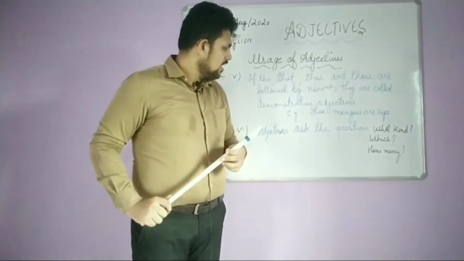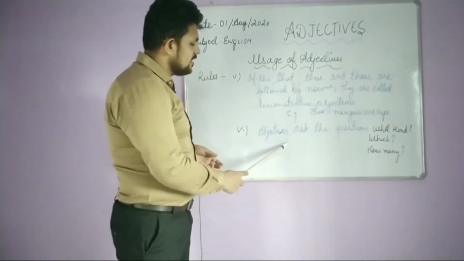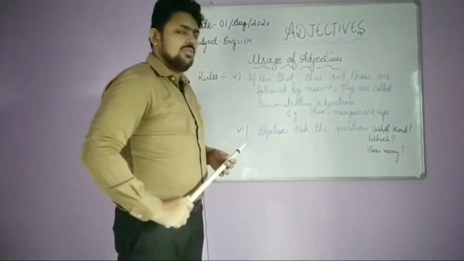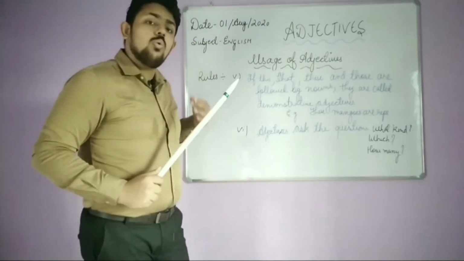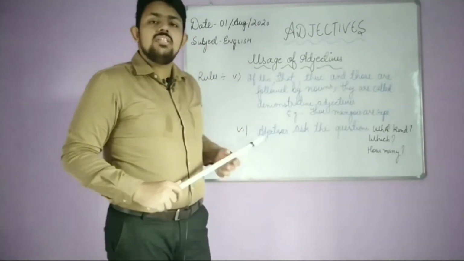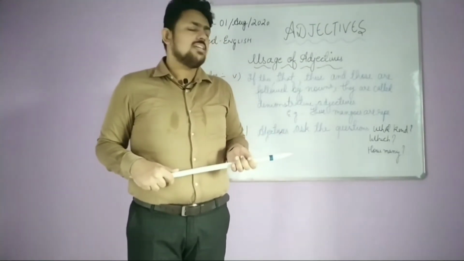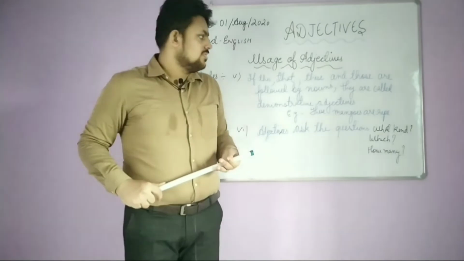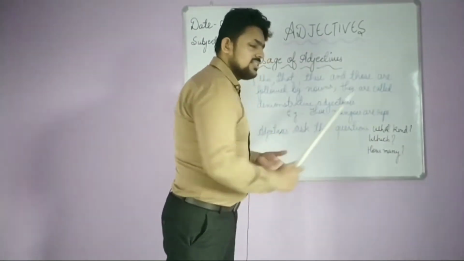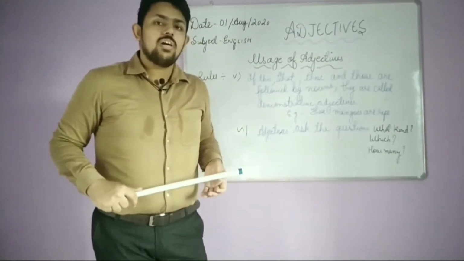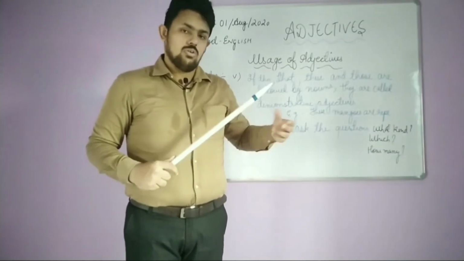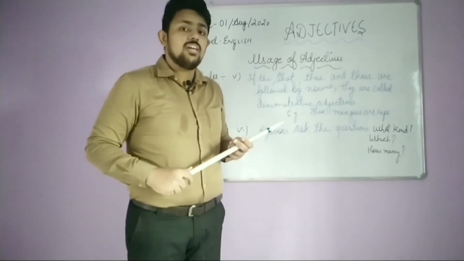Okay. Another rule is that an adjective asks the question. It is not only a rule, but it can be seen as a part of the definition. What does an adjective ask? It asks the question what kind. If we are asking the question what kind, then we are describing the noun or the pronoun, that what kind of a thing it is.